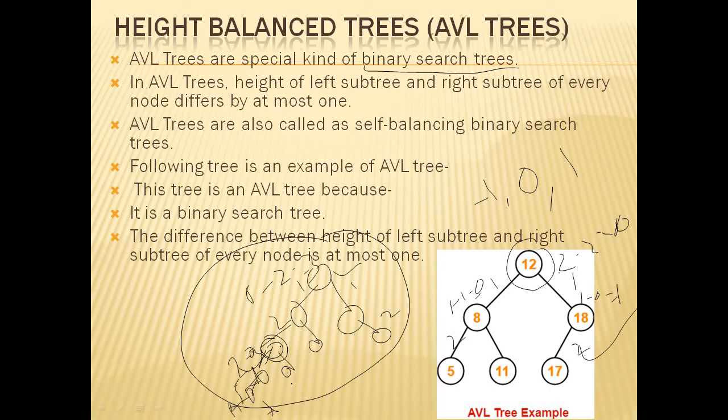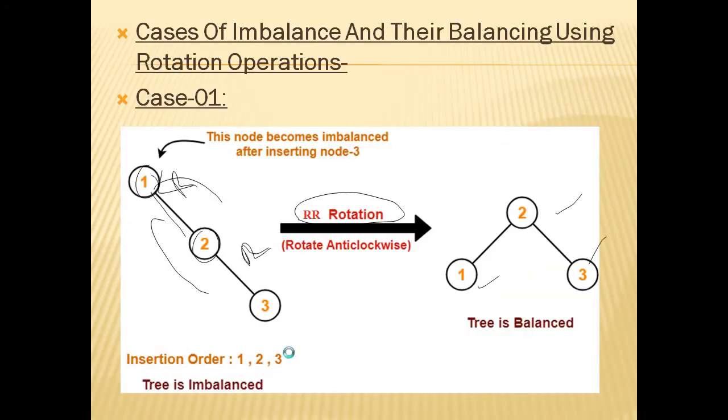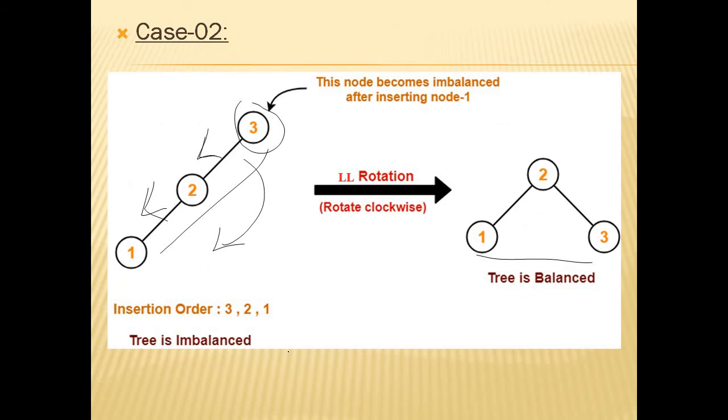This will come here and this will be there. So left side 1 will come, right side 1 will come. 1 minus 1 is 0. The same will apply for the upper one also. We'll go through one example, then we can get it easily. So LL rotation is clockwise, RR rotation is anti-clockwise.